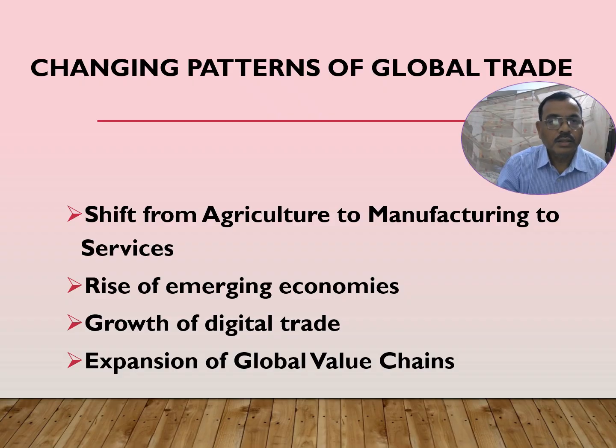Today, service and digital trade are growing rapidly. Emerging economies like China and India have increased their share in global trade. Digital platforms, e-governance, and outsourcing have reshaped trade flows. Thus, global trade is dynamic and constantly evolving.